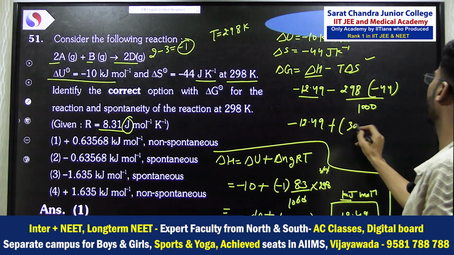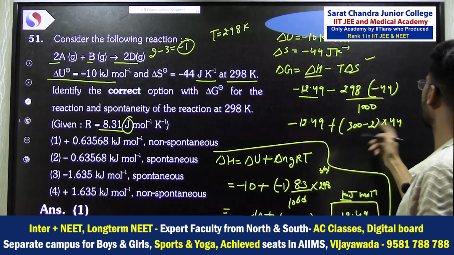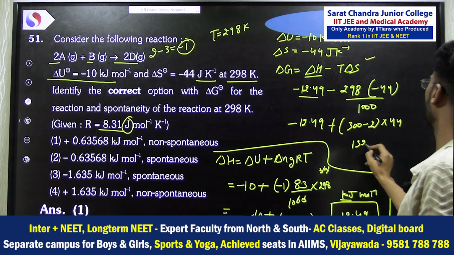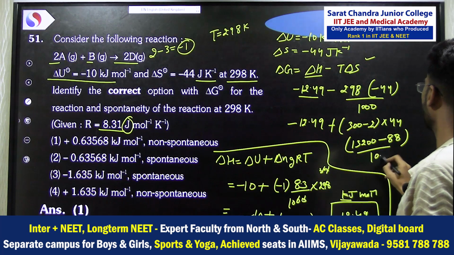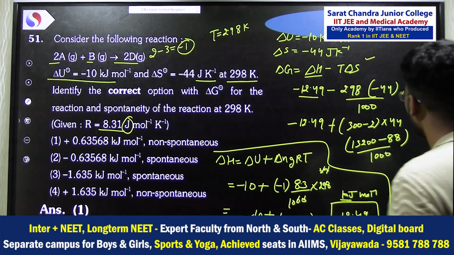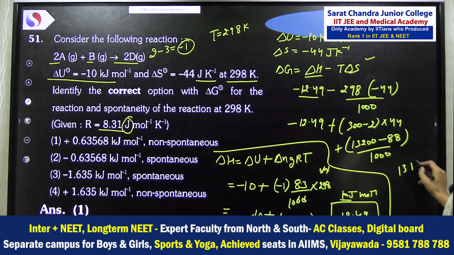So 298 I can consider as 300 minus 2, into 44. So it is nothing but 13200 minus 88, divided by 1000. This comes out to be 13112, so 13.11.